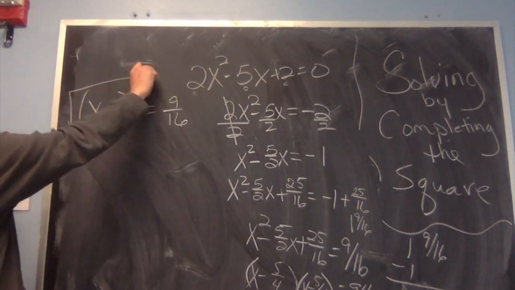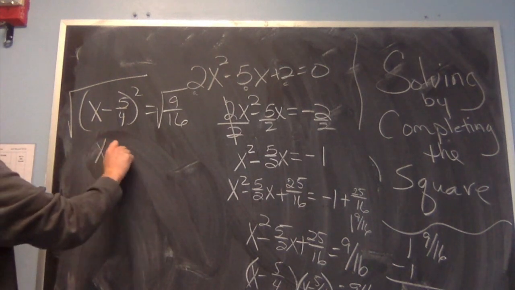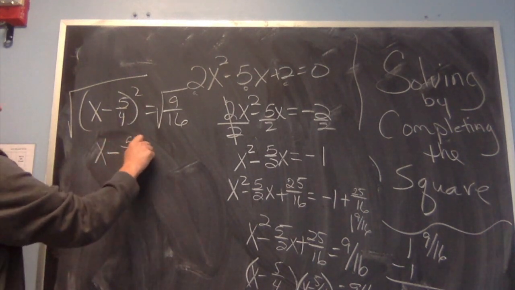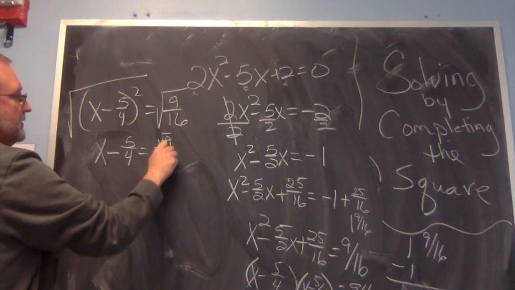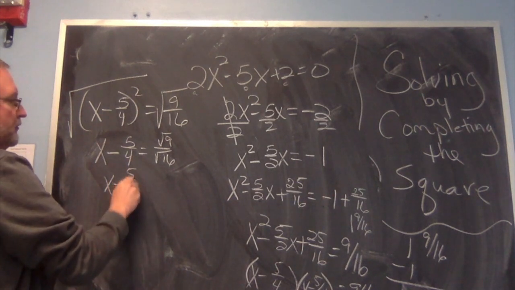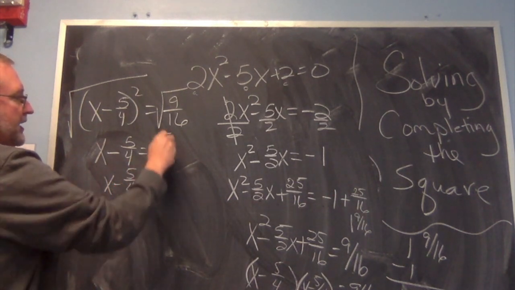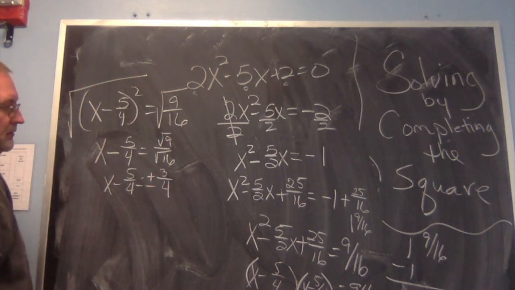I got to find the square root of this. I'm going to have to find the square root of that, which leaves me with x minus 5 over 4 equals the square root of 9 over the square root of 16. X minus 5 over 4 equals positive, negative, the square root of 9 is 3, square root of 16 is 4.